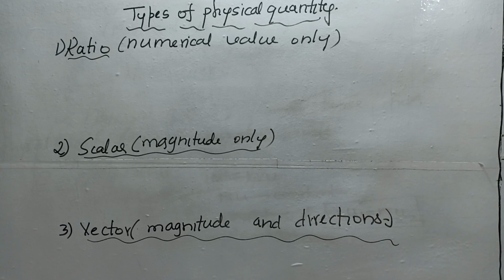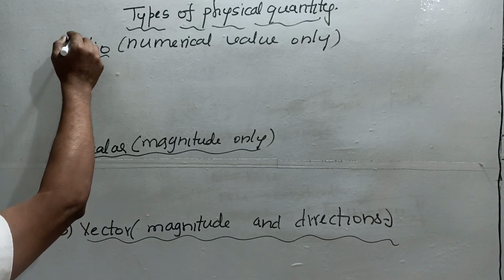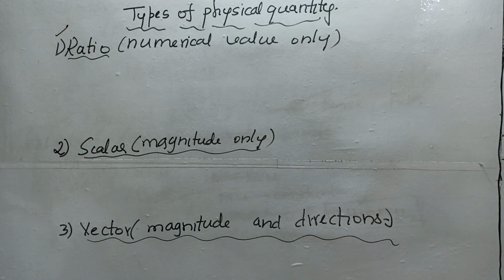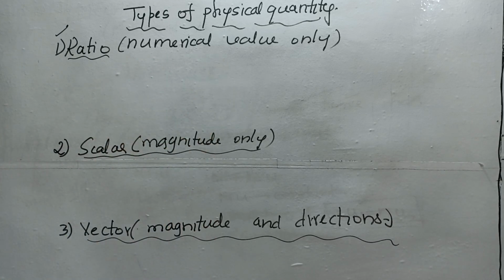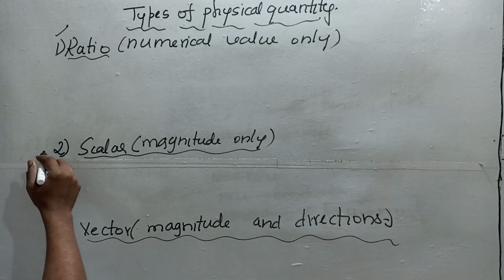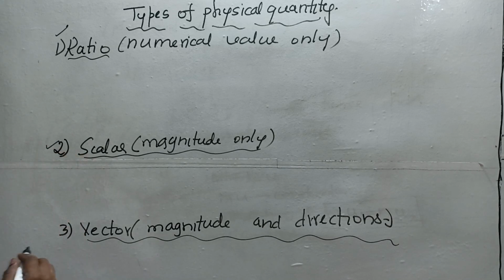Here, the first type of physical quantity is the ratio, and ratio is only numerical value, that is number. Second physical quantity is a scalar, and next physical quantity is a vector. Let us try to understand one by one in detail.